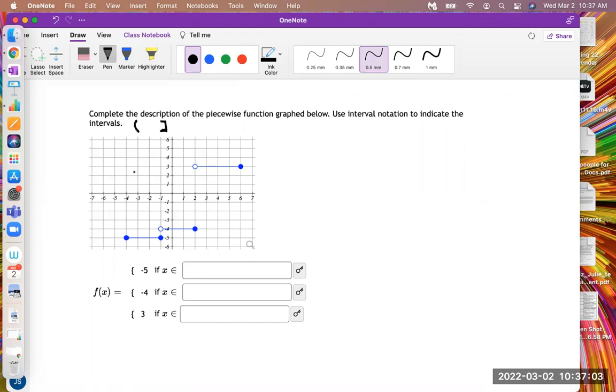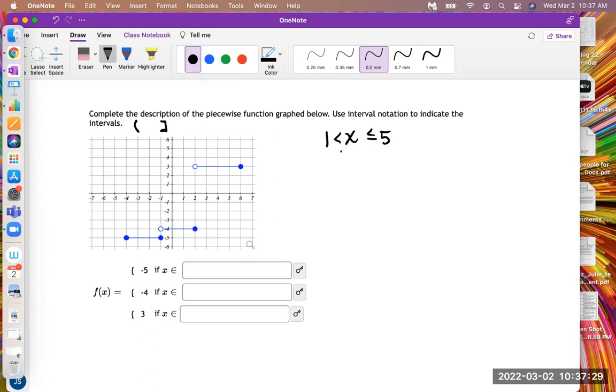And in fact, there's three different ways to describe an interval. Let me just give you a few. You could say x is between, let's say, 1 and 5.